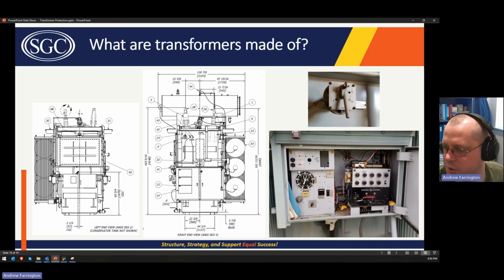This is the dial indicating the current position of the LTC. So you can see it goes from 16 lower to 16 raise. This is not this particular transformer. This is an old transformer I worked on for a project. We were replacing this LTC controller with a more modern controller.